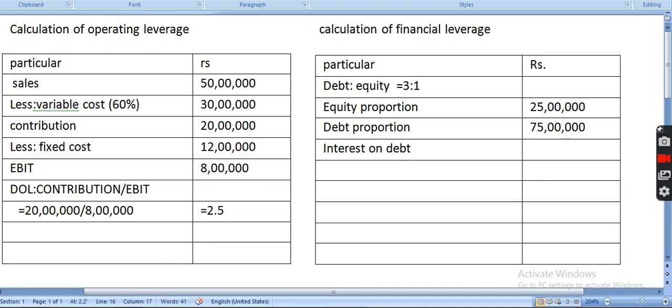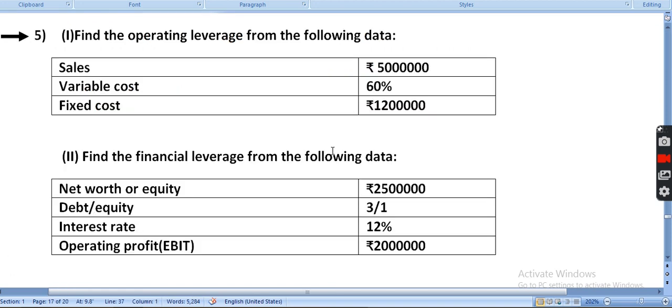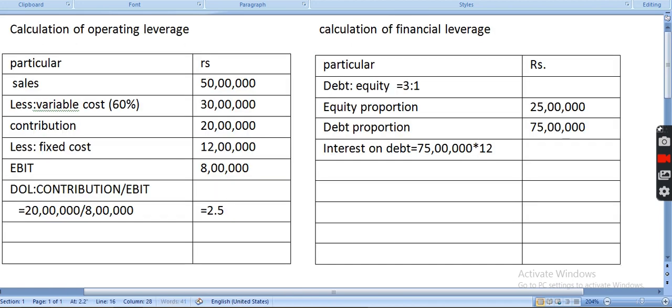So the debt proportion is 75 lakh rupees, and the interest rate is 12%. So the interest amount is 12% of 75 lakh, so 9 lakh.